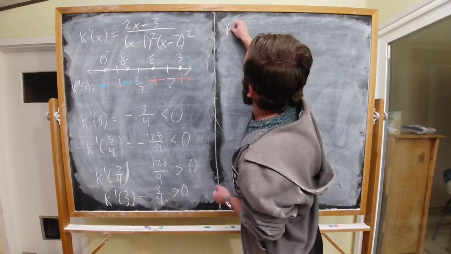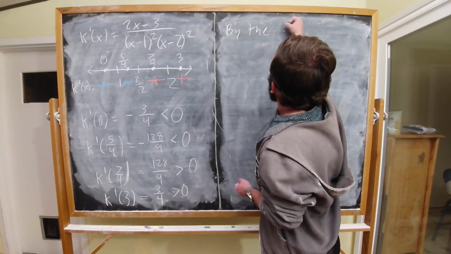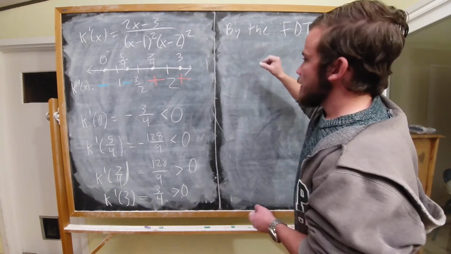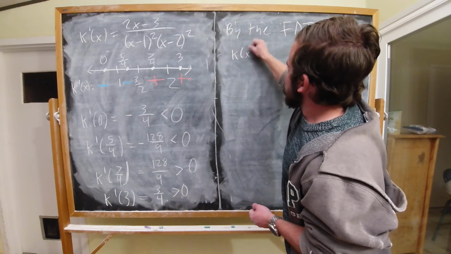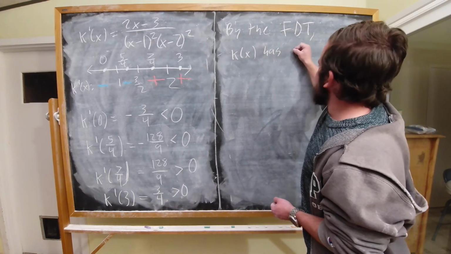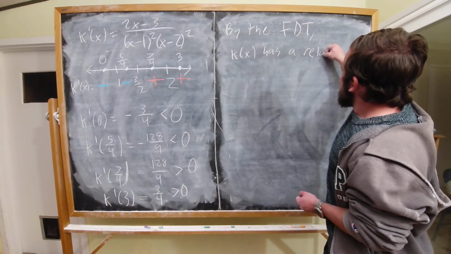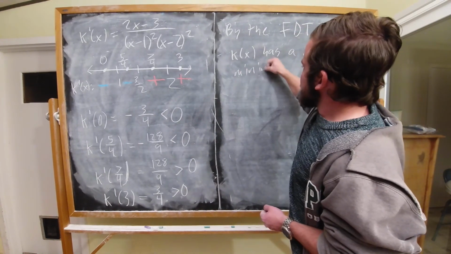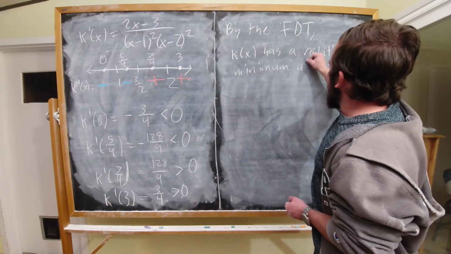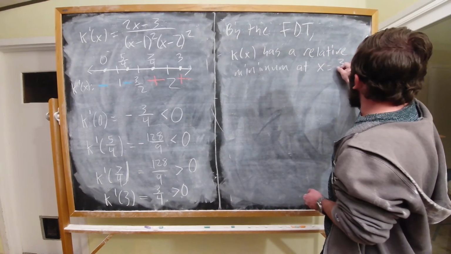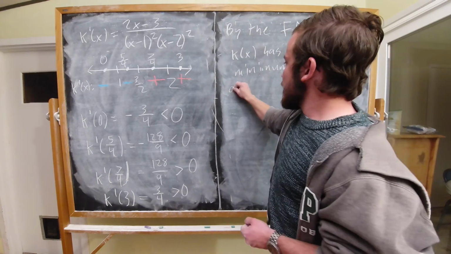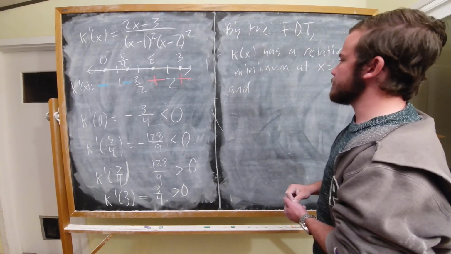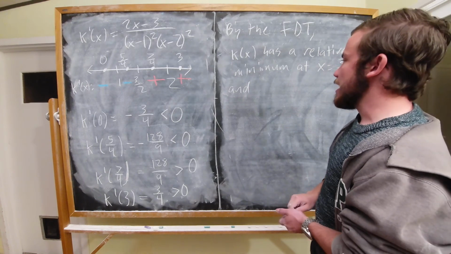By the first derivative test, k of x has a relative minimum at x is equal to 3/2, and that's it.